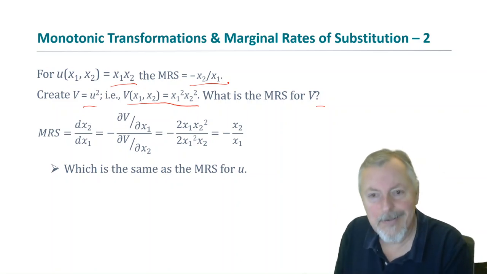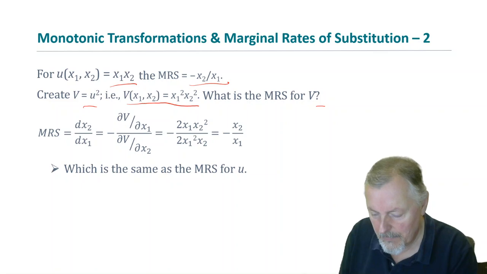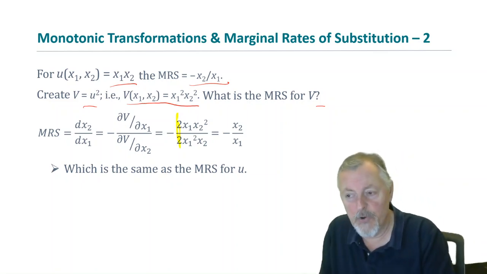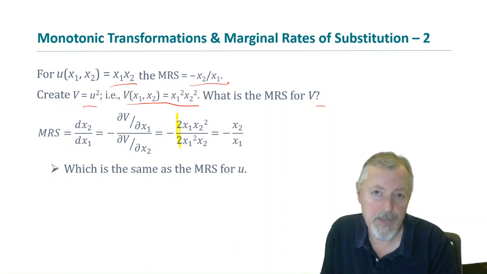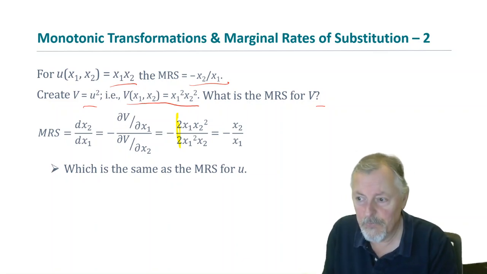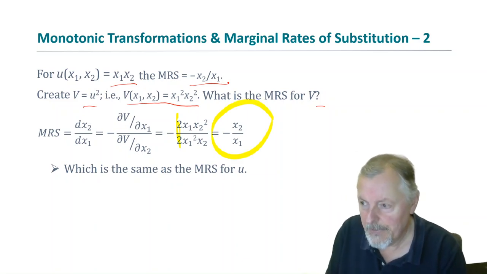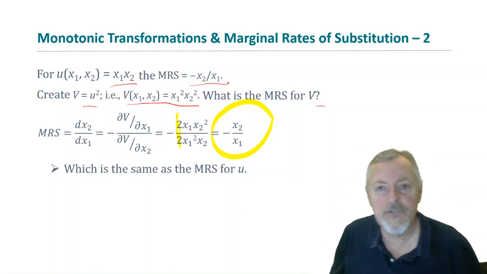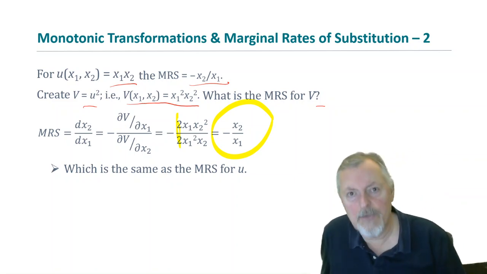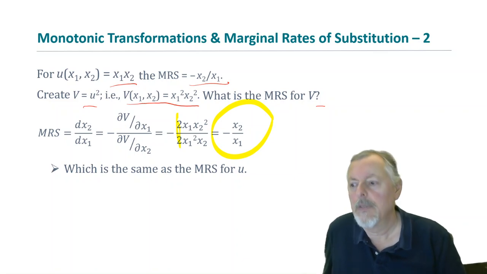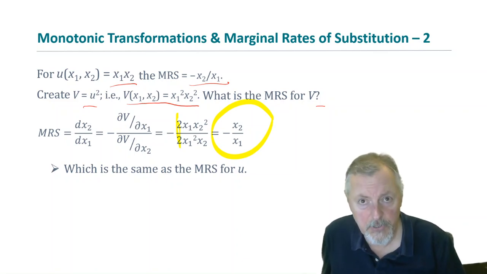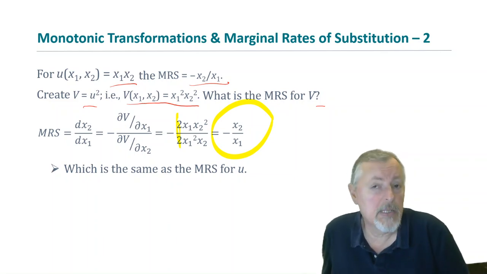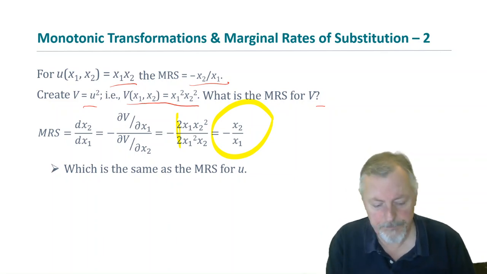You do the math, it comes out exactly the same, except there's a 2 in the numerator and a 2 in the denominator, which cancel out, which leaves you with the same thing. Because a monotonic transformation describes the same preferences, the marginal rate of substitution has to be the same, because that's the ratio at which you're willing to trade off this for that.